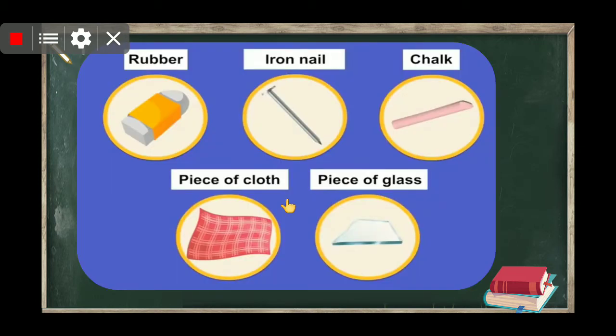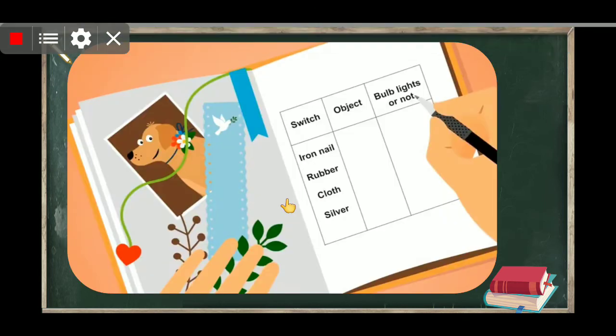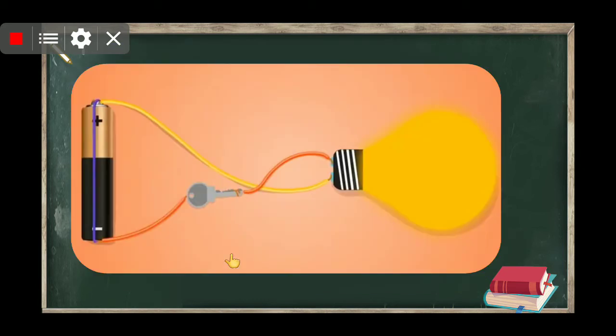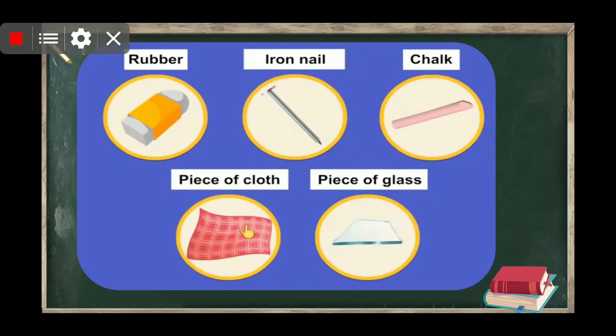So charge will easily flow through the circuit and the bulb will glow, as you can see in this image. Students, further, I will use rubber, an iron nail, chalk, a cloth piece, and glass. You will observe that only when the nail is attached, the bulb will glow, and when I attach the other materials, the bulb will not glow, as these materials do not conduct electricity. The charge will not flow through these materials.